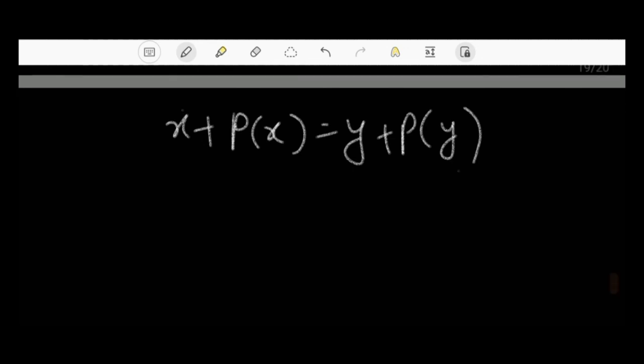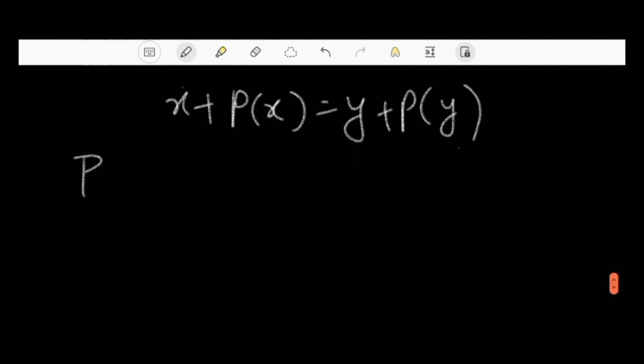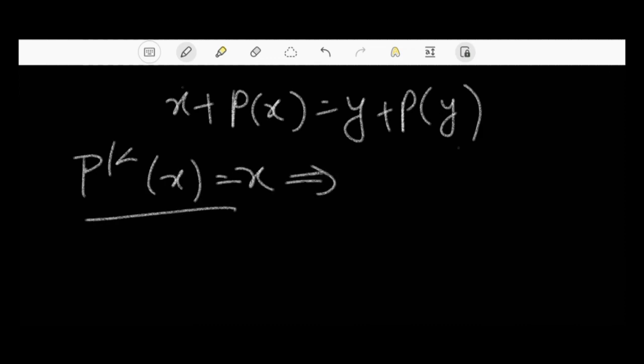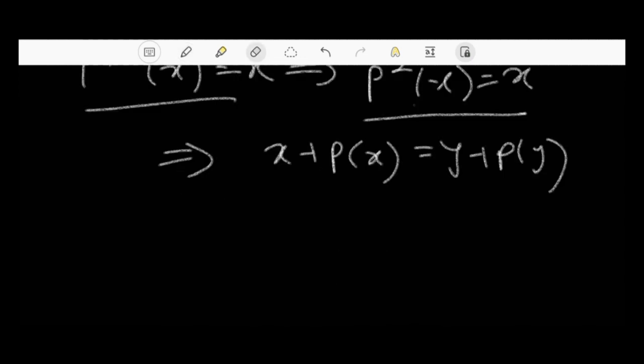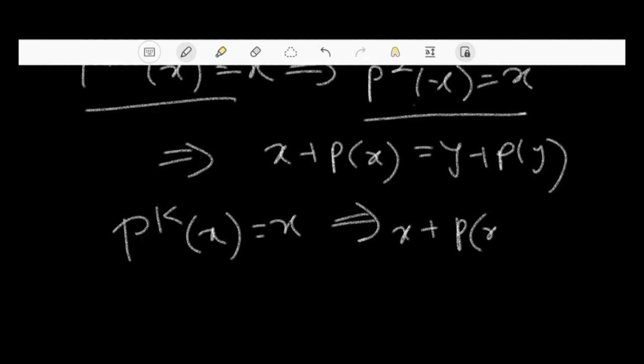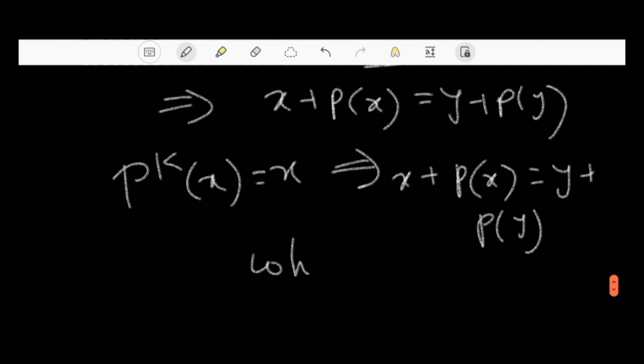And we know that we started from P raised to the power k of x equals x, and this result simply implies that P raised to the power 2 of x equals x. And by using this equation we have obtained x plus P(x) equals y plus P(y). So we can simply say that P raised to the power k of x equals x implies x plus P(x) equals y plus P(y), where y is a constant.